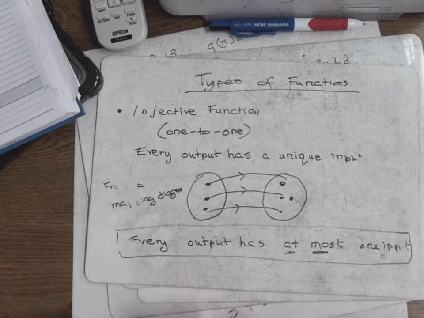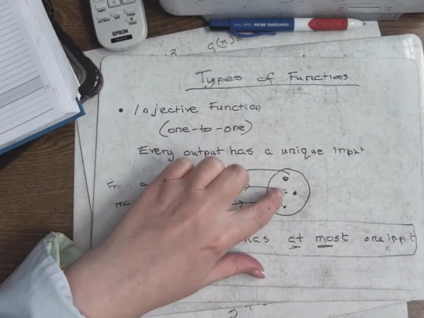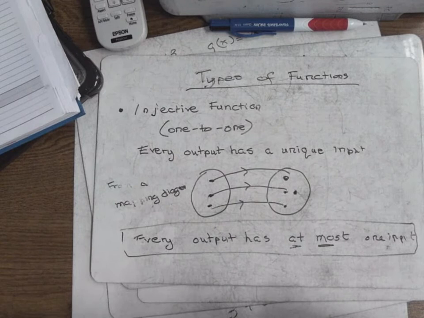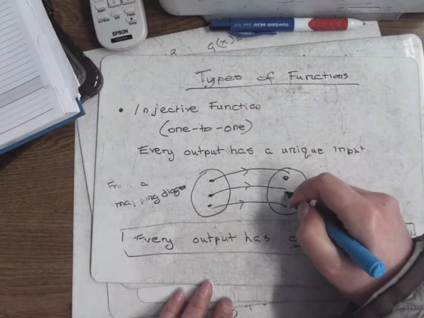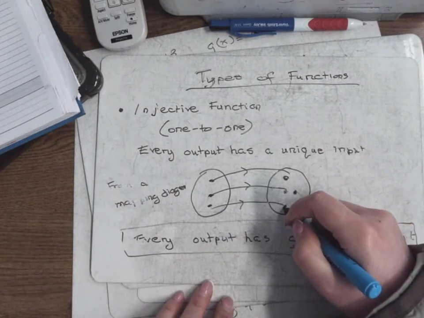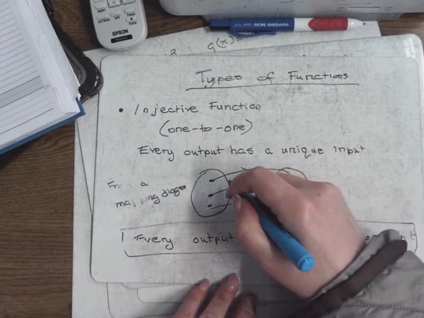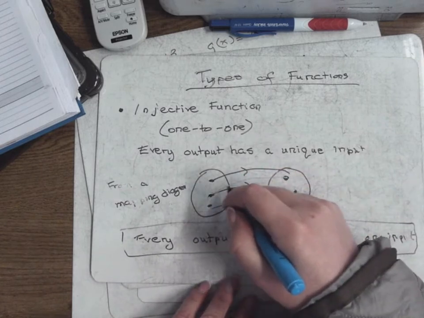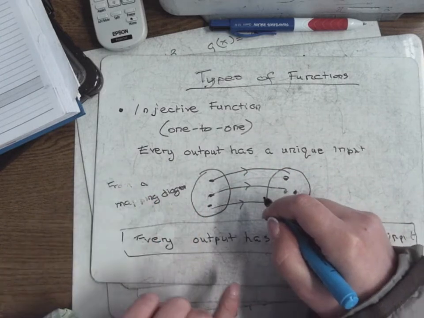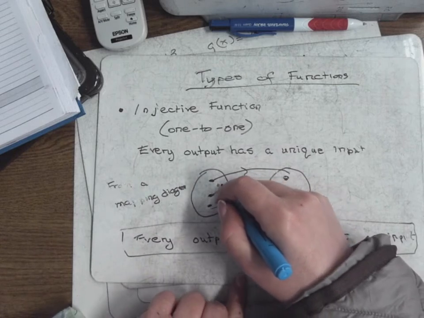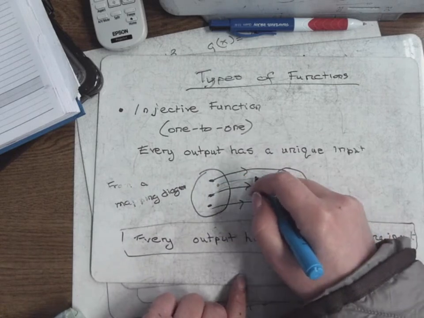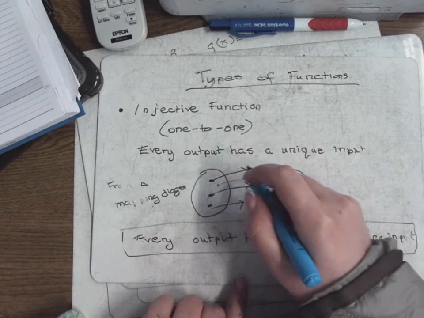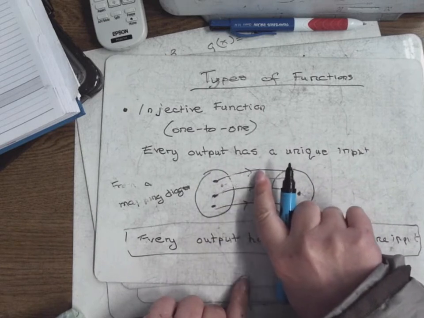But every output, so every dot in here, has a unique input, as in there's never one where this output has two inputs. That will never happen, okay?